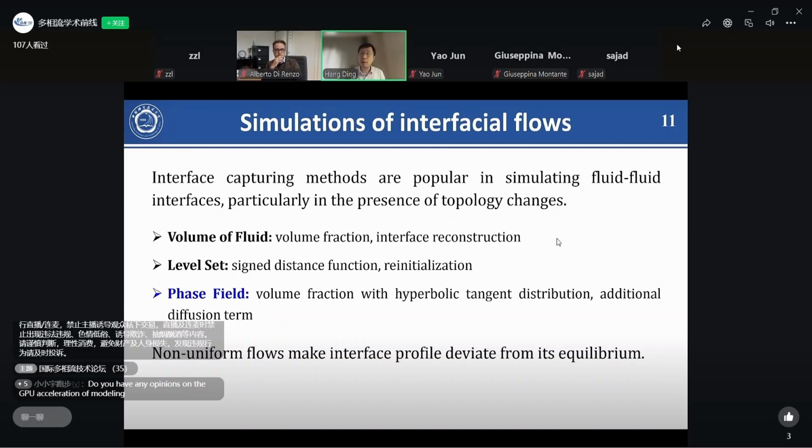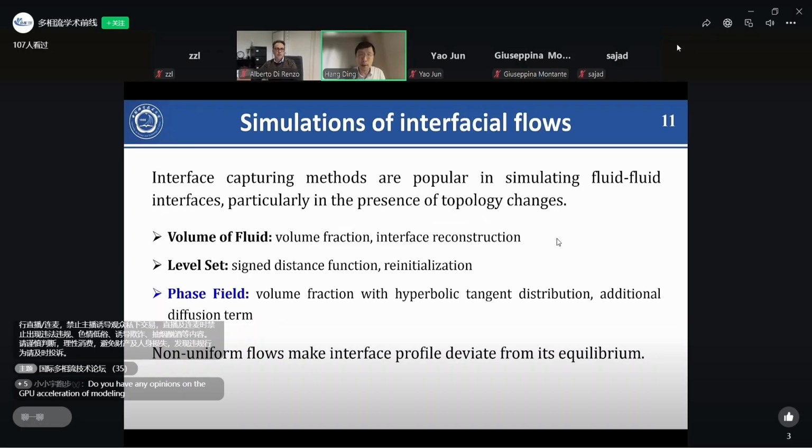For example, for the level-set methods, the scalar, when it's at equilibrium, should have the property of a signed distance function. But when the non-uniform flow distorts this profile, we have to use some artificial process called reinitialization to restore it to the signed distance function.